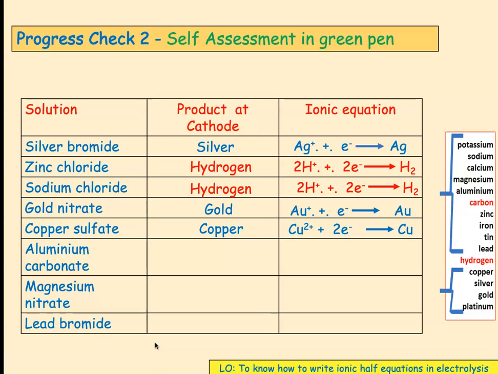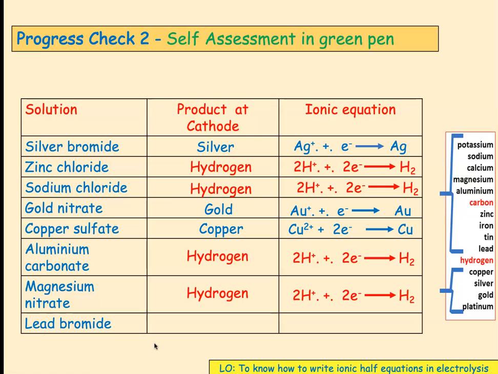Aluminium carbonate. Aluminium is above hydrogen, so we're going to make hydrogen. And the ionic equation is 2H+ + 2 electrons give us H2. Magnesium nitrate, again, magnesium is above hydrogen, so we're going to make hydrogen, and the ionic equation, again, is 2H+ + 2 electrons give us H2.